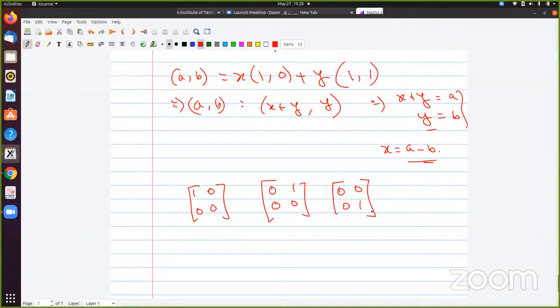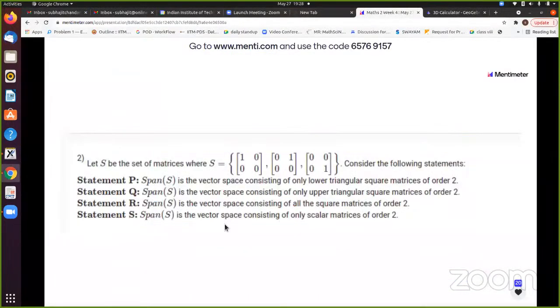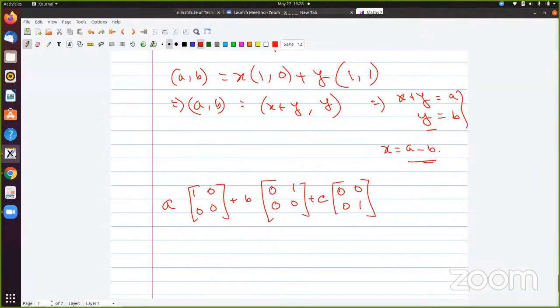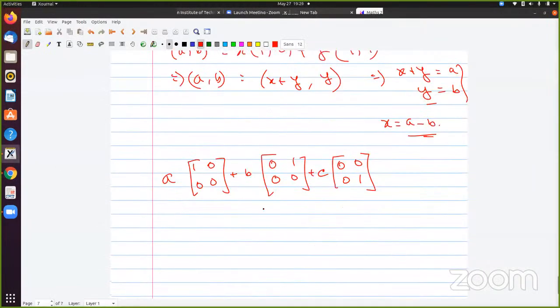Your voice is breaking. Even S is correct, isn't it? What was S? The span of S is a vector space consisting of only scalar matrices, scalar matrices of order 2. Only scalar matrices? No, sir.